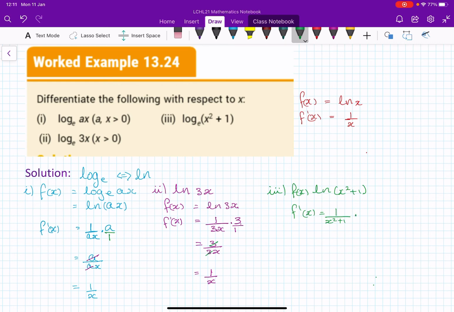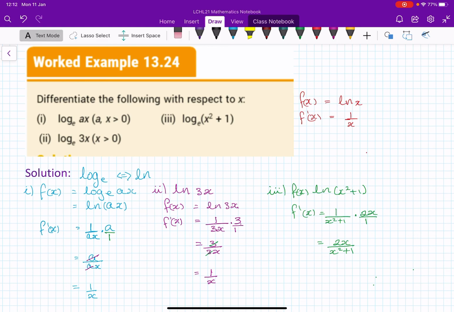Then I multiply that by the derivative of what comes after the ln. And if I differentiate x squared plus 1, I get 2x. Then I put that over 1 and I multiply top by top. 1 times 2x is 2x, and 1 times x squared plus 1 is x squared plus 1.